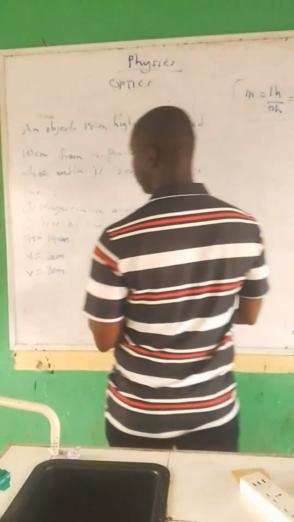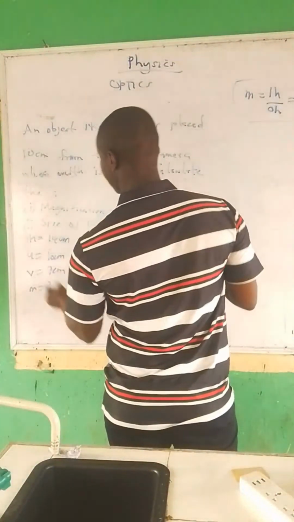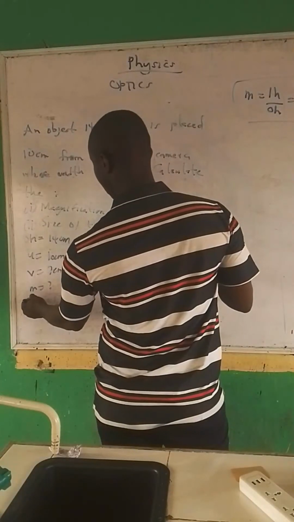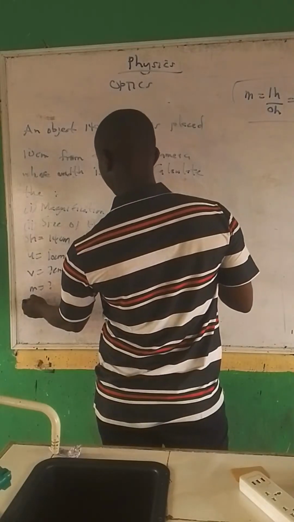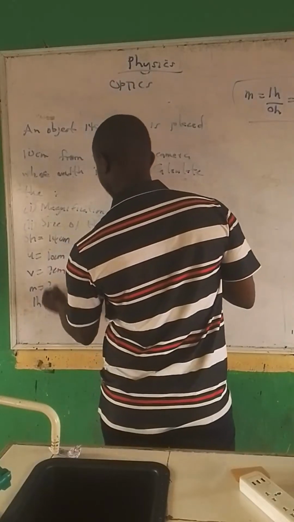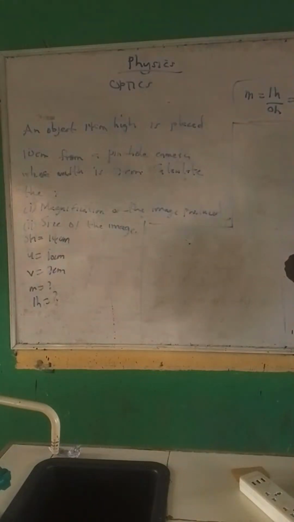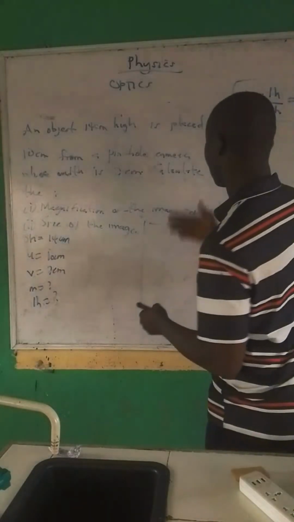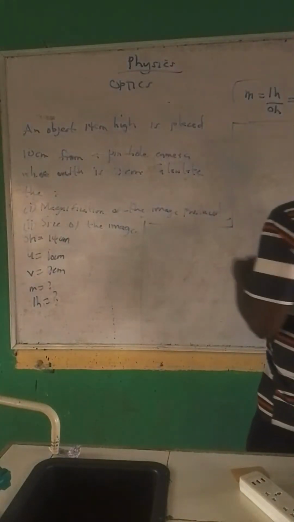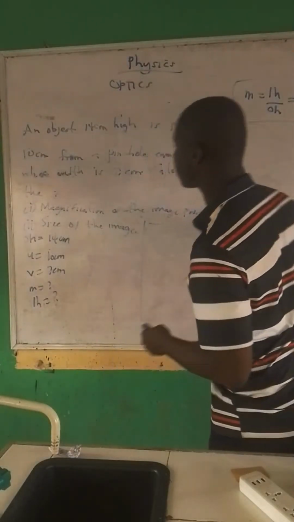So we find magnification first of all. We are looking for M, and then the size of the image, that is the image height. It's actually easy to do. We use this formula. First of all, we are looking for the magnification.